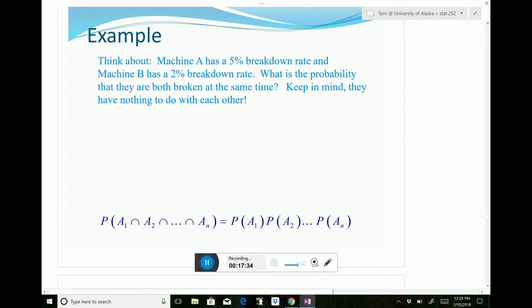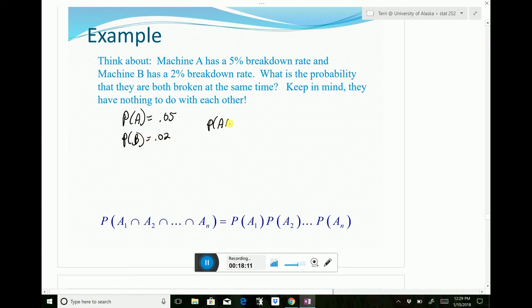So let's think about these machines. Machine A has a breakdown rate of 5%. Machine B has a breakdown rate of 2%. What is the probability they are both broken down at the same time? Now, keep in mind, they have nothing to do with each other. These machines run separately. So what is the probability that both machines are out? Well, the probability that machine A is broken is 0.05. The probability that machine B is broken is 0.02.